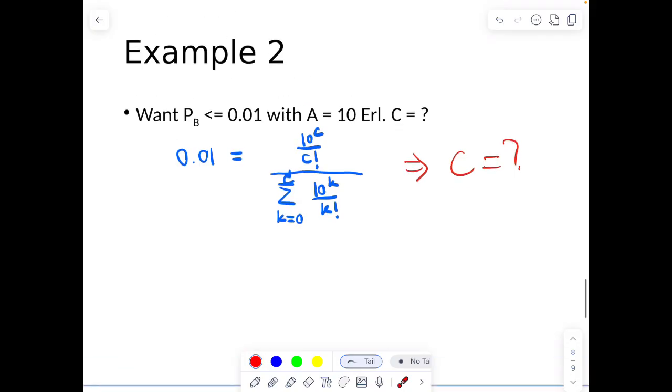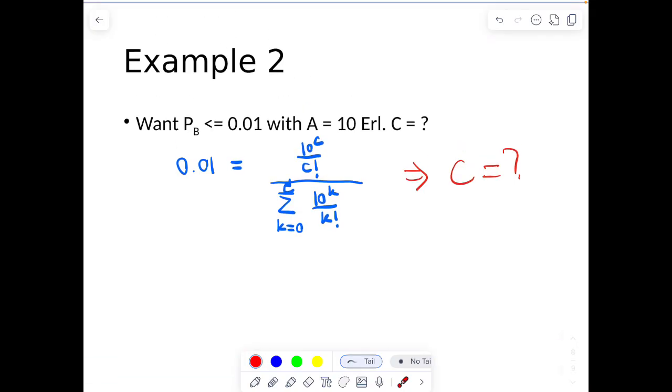So let's say there is a certain network where you want the blocking probability to be no bigger than 0.01. And the network has traffic intensity coming in of 10 Erlang. So what should be the number of channels that should be installed for this network, for this base station? If you use the formula, for the blocking probability, you plug in 0.01.